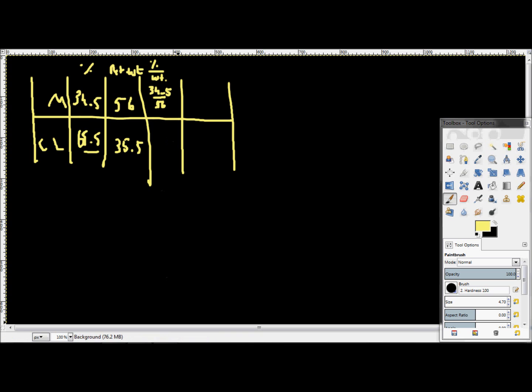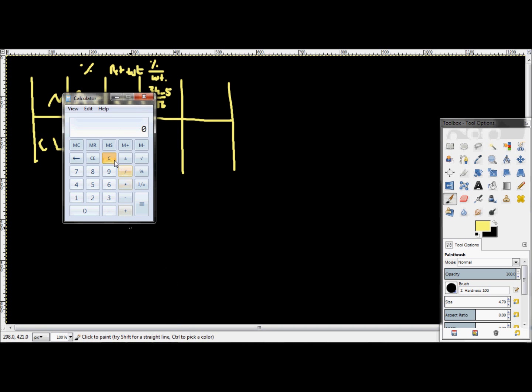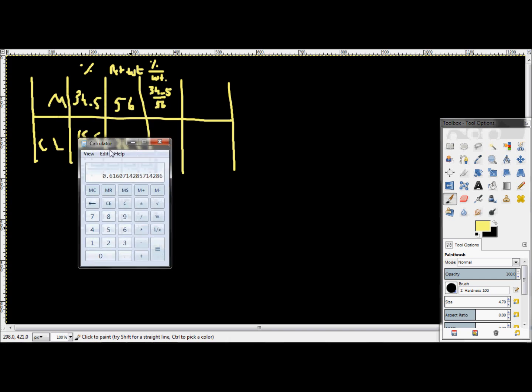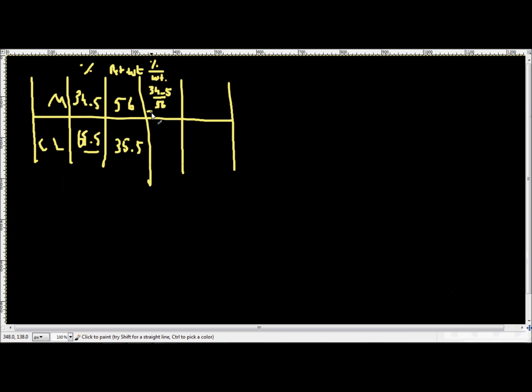Let's just use the calculator for this. 34.5 divided by 56. So nearly, it's around 0.6. Remember, you can round off in chem because the math is really not important.